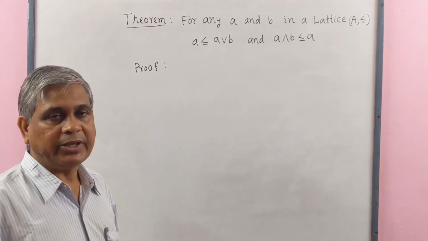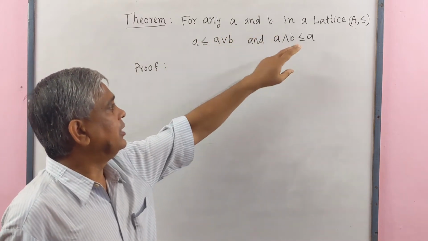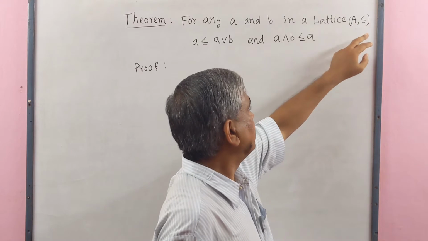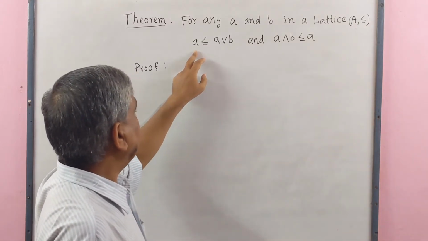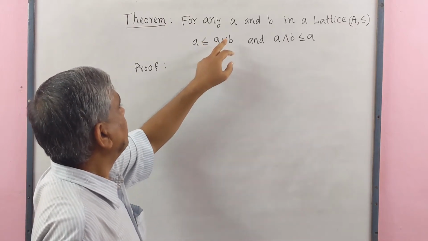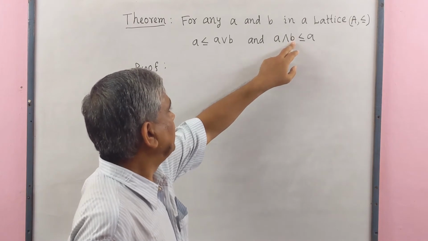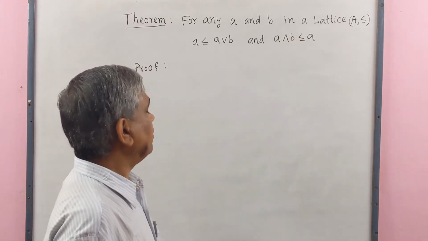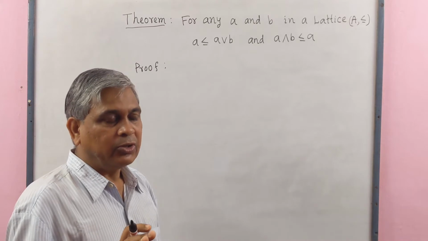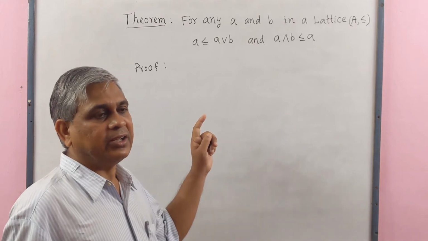Now we shall prove a theorem. Theorem is for any A and B in a lattice A, with partial order relation, A is less than equal to A join B and A meet B less than equal to A. Here we are telling the relation as less than equal to, but it is not always true that this relation is less than equal to.